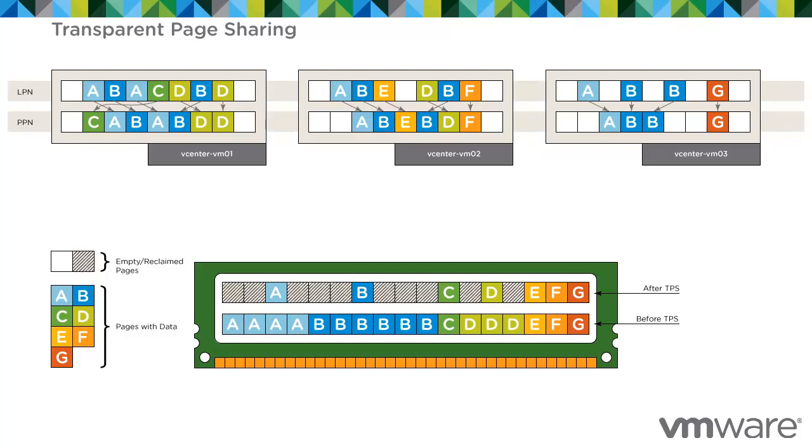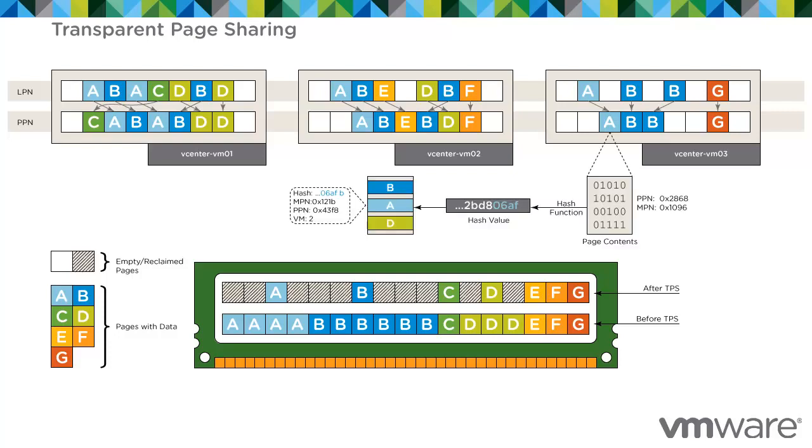At the bottom is the physical memory module. Without TPS, the physical pages of the VMs would take up a majority of the space available on the card. With TPS, it looks at the page contents of each page of data and checks to the other pages of data existing, reclaiming pages that have identical data, allowing for more available memory.